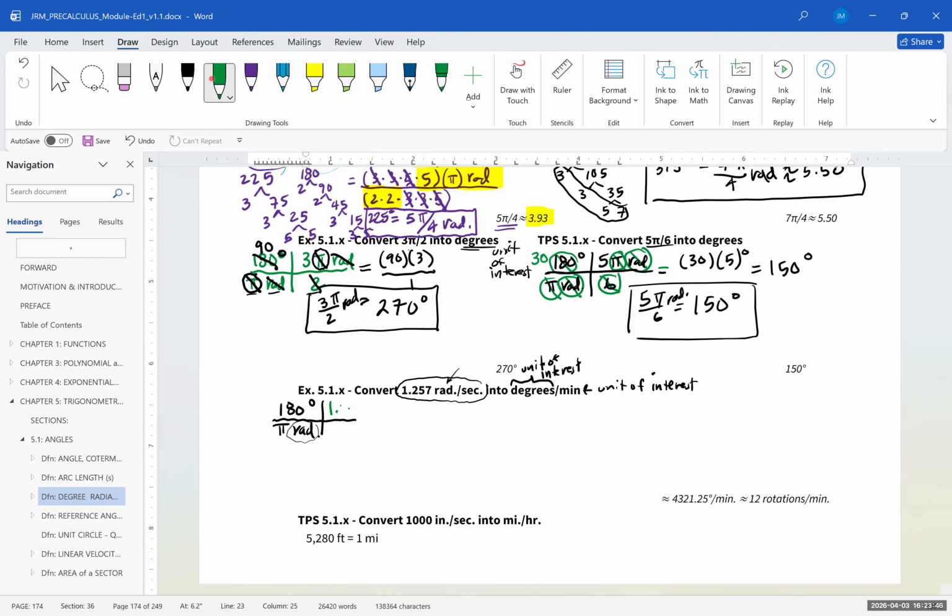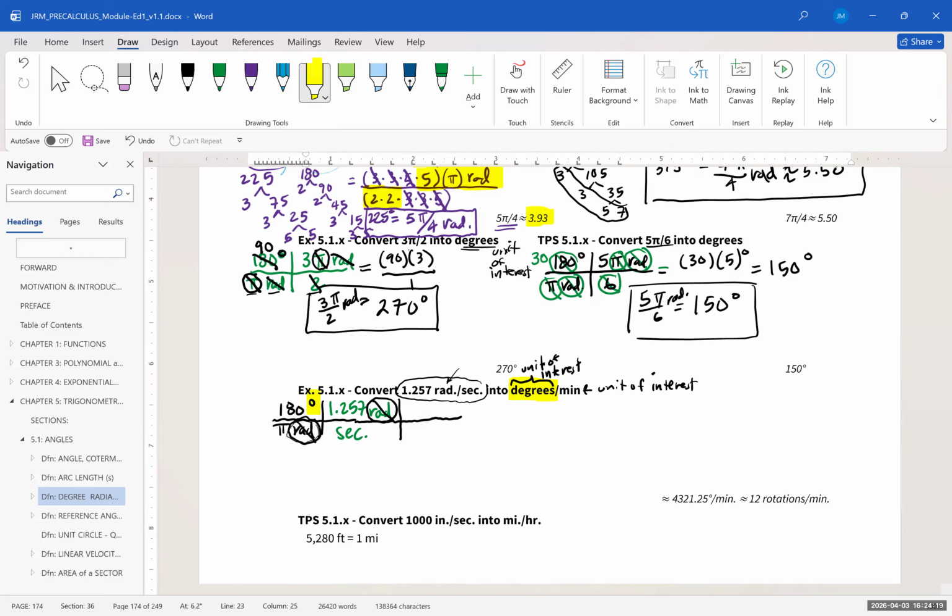So we'll put 1.257 radians there per second. Extend this out further. Okay, now this is wonderful. So radians will cancel with radians, and that leaves us with degrees, which is one of our units of interest. So we've taken care of the degree conversion right now.